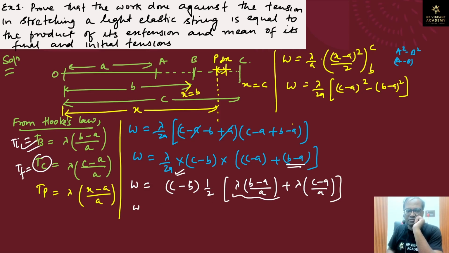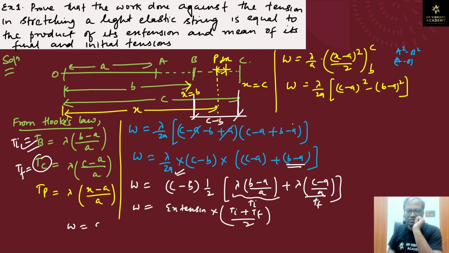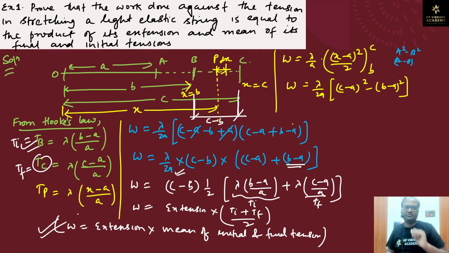So we have W, and B to C is the extension, which is c minus b. This is extension, into Ti plus Tf. So we have work done is equal to extension into the mean of initial and final tension. Okay, this is our work done.